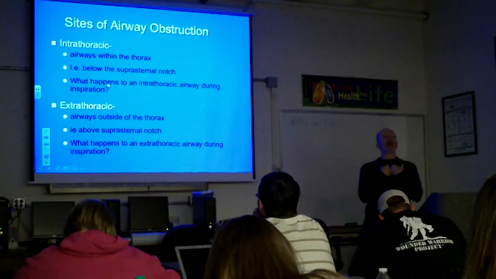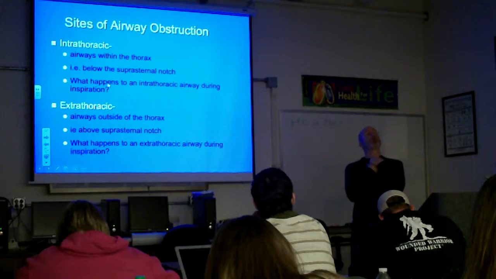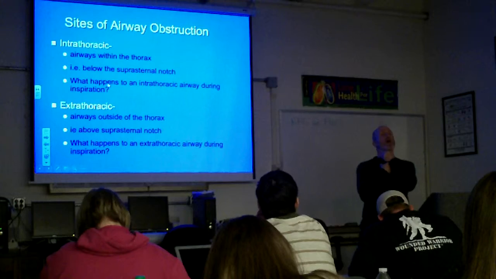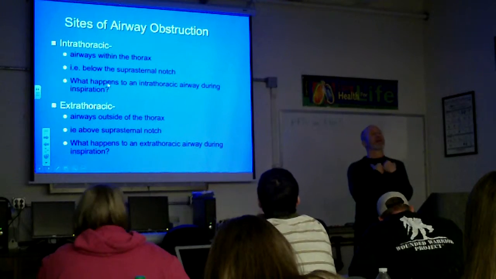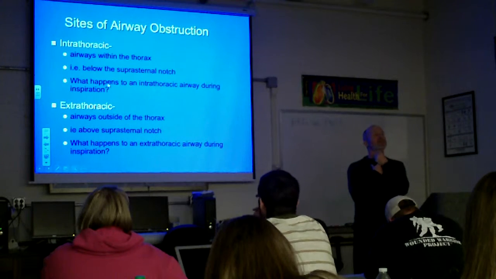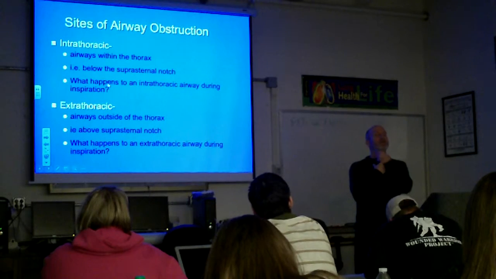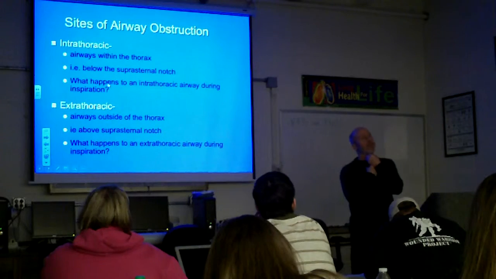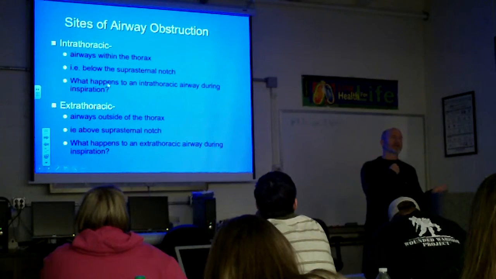Versus the extrathoracic airways, the ones outside of the chest. When you breathe in, what happens to them? They become smaller. Have you ever noticed when someone has really bad snoring, they snore on inspiration and expiration.